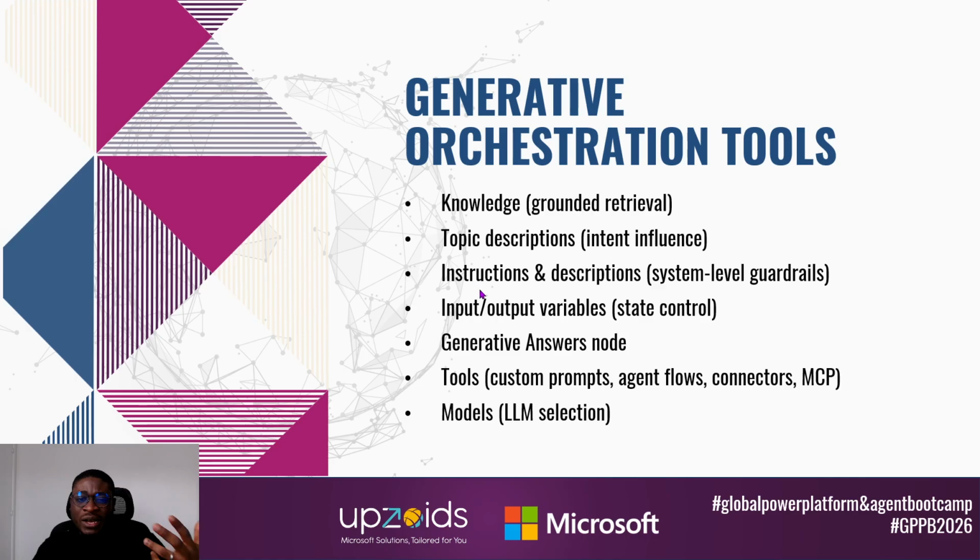Apart from that, we have our input and output variables, which are very important because if you have a variable as an input to a topic, the topic cannot run until that variable is passed to the topic. And that is a very easy way for you to get the LLM to ask the user. So maybe you have a topic that creates a restaurant booking request, and for that you need the name of the person and how many people are coming.